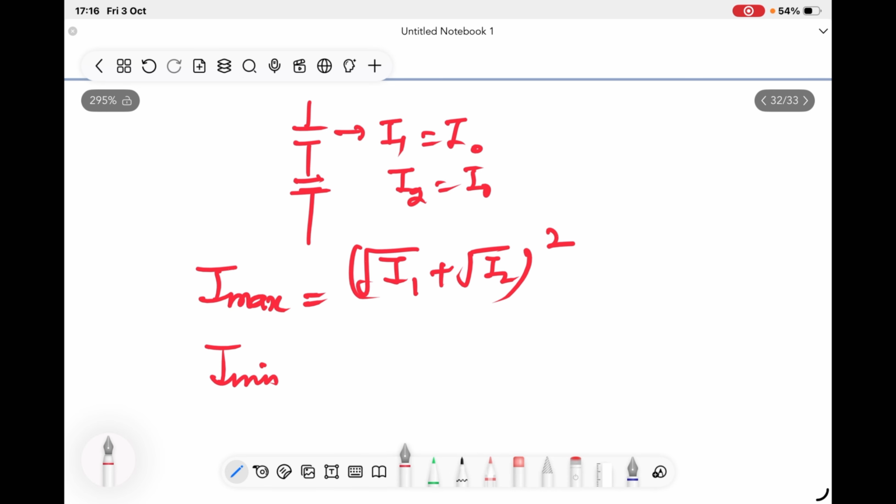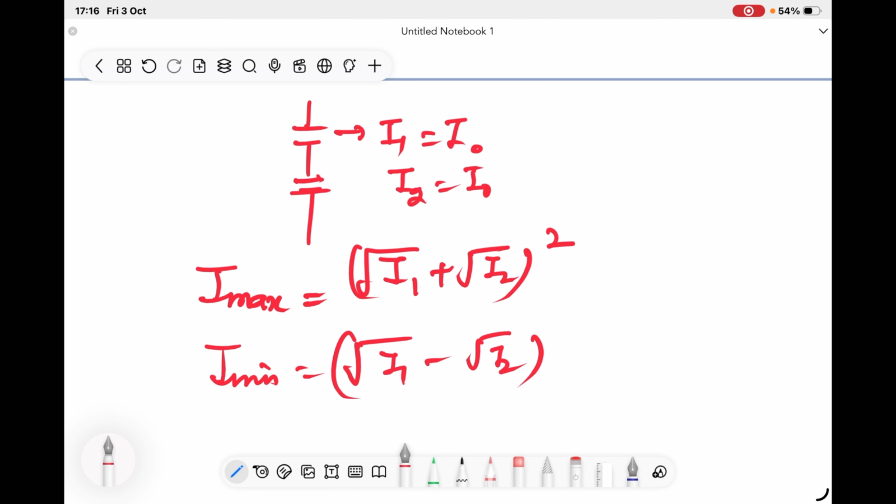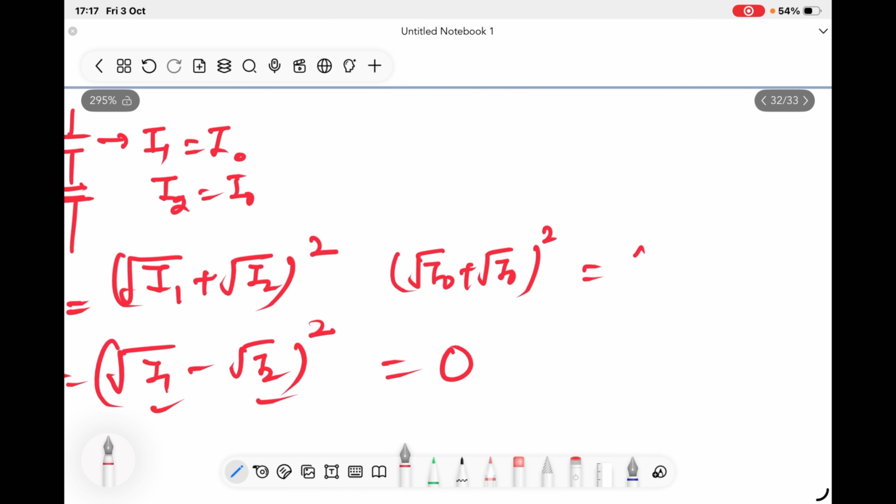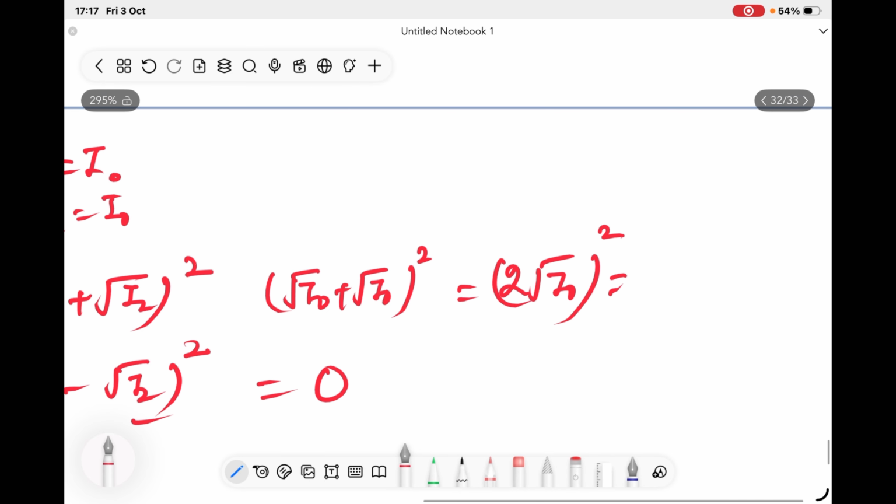And I min is (root I1 minus root I2) whole square. Now both are equal, I naught and I naught. So it is 0. And here you can put anything, like let it be (root I naught plus root I naught) whole square, which is equal to (2 root I naught) whole square, which is equal to 4 I naught.